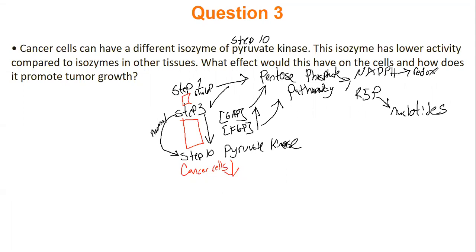So the idea here is actually quite clever. Cells aren't thinking, so it's just a random mutation, but it's a really lucky mutation, because you increase the concentration of things like glyceraldehyde phosphate and fructose 6-phosphate, and to a lesser extent, glucose 6-phosphate. Then you take these away into the pentose phosphate pathway. When you take them away, their concentration will then drop.